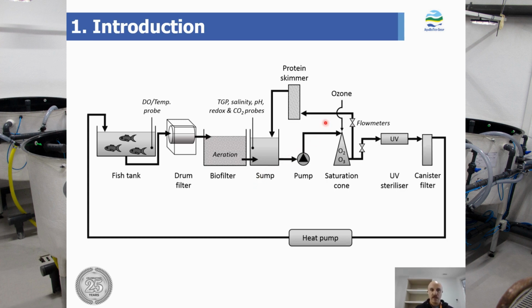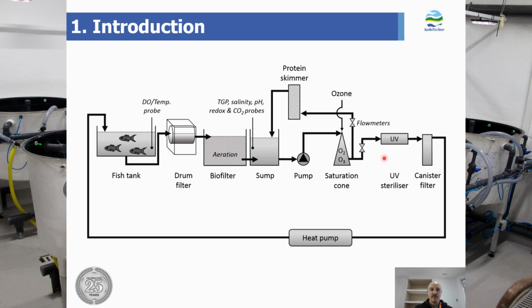We have a fine solids removal unit, the protein skimmer here, which is most of the time used in combination with ozone, which enhances microflocculation but also disinfects. We also have a saturation cone, which is one of the most common ways to increase the saturation of oxygen, which is consumed by fish and bacteria.